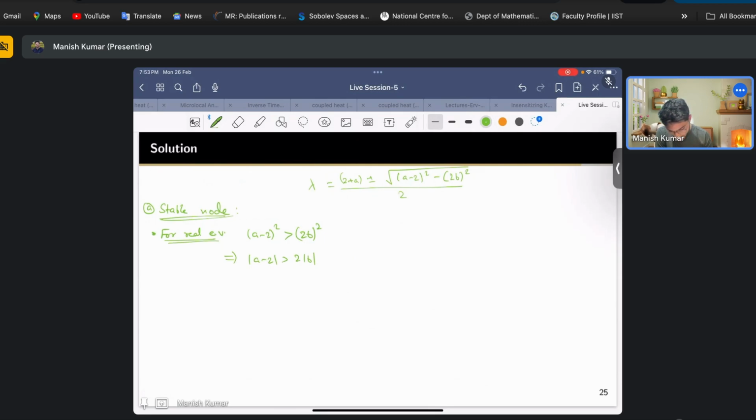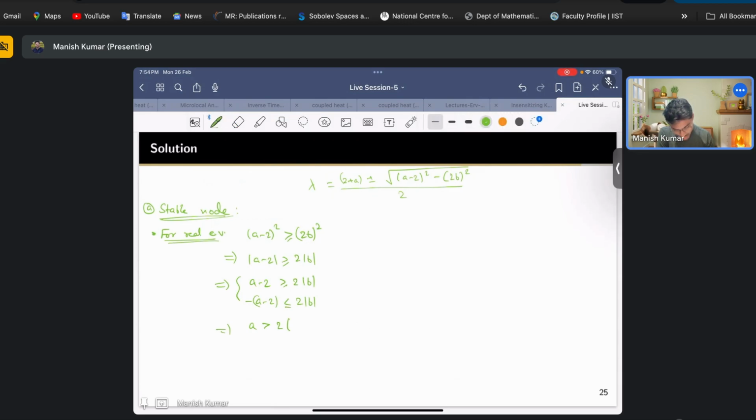Okay, so now you can rewrite this one. I'm just removing this mod. So from here what I get is a minus 2 is greater than 2 mod b, or minus of a minus 2 is less than 2 mod b, correct? So this is nothing but a greater than 2. Here you can put equal to as well, because even if it is 0 you have a plus 2. So that is fine.